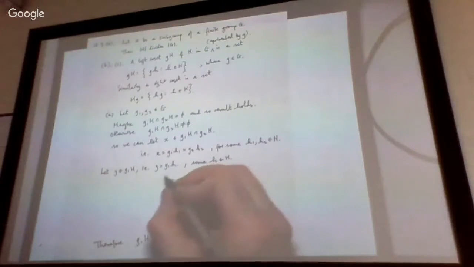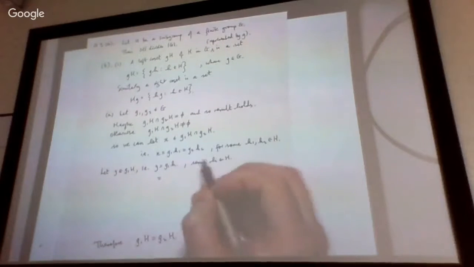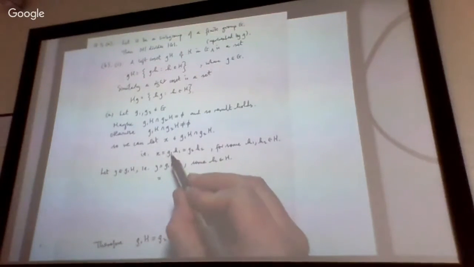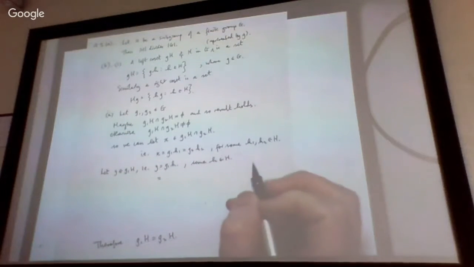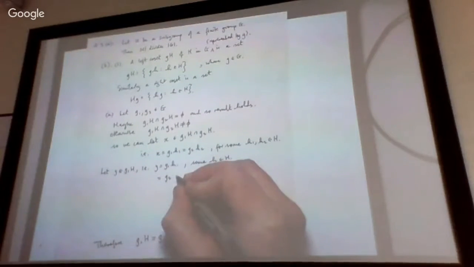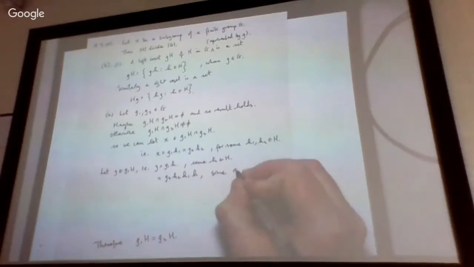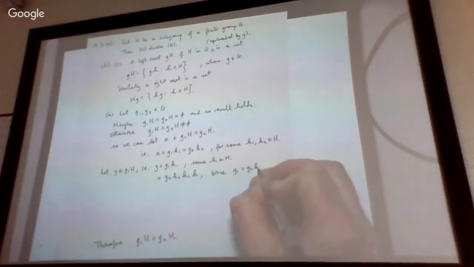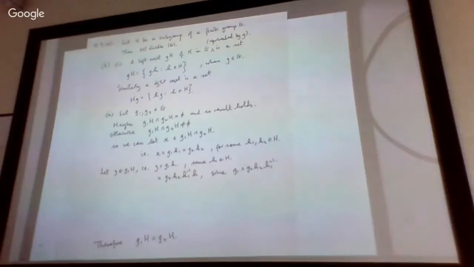I can take this equation up here and write G1 in a nice way, as G2 followed by elements in H. So I can write this as G2 H2 H1 inverse h, and that's true since G1 is equal to G2 H2 H1 inverse. Does that make sense?